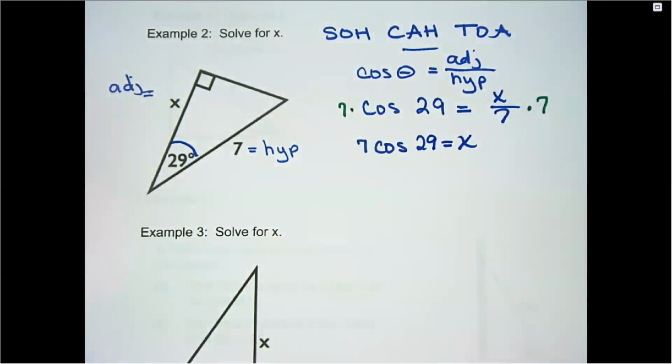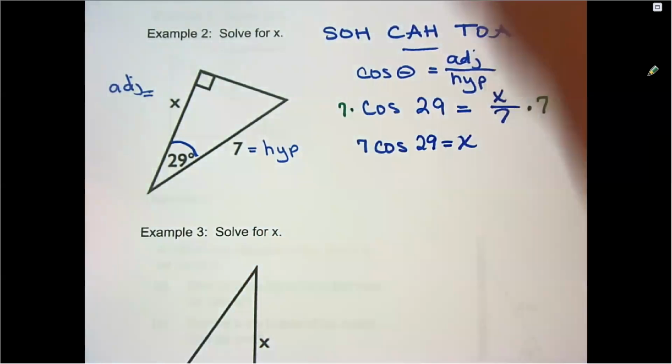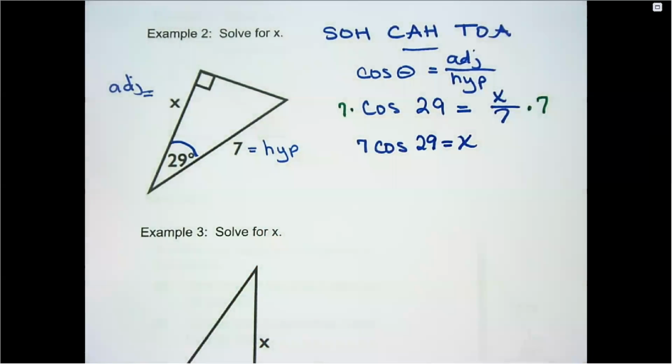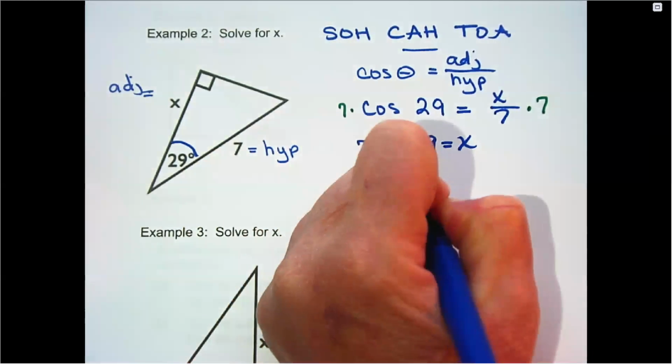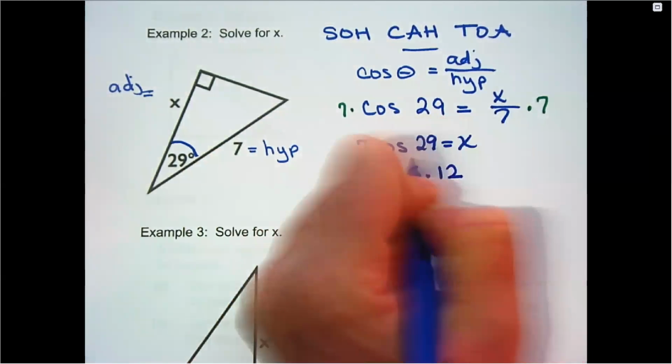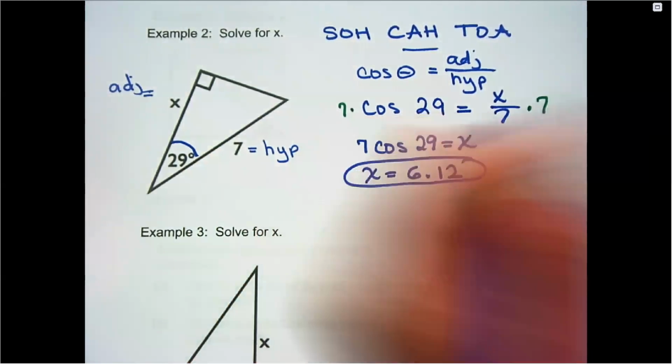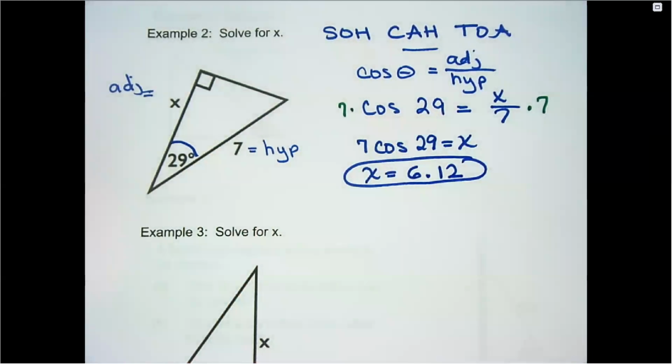And I can type that into my calculator, just like I typed the last one. If I do 7 times the cosine of 29, I'm going to get x equals 6.12. That's simple. Let's do another example.